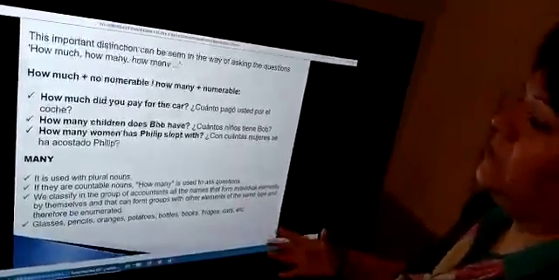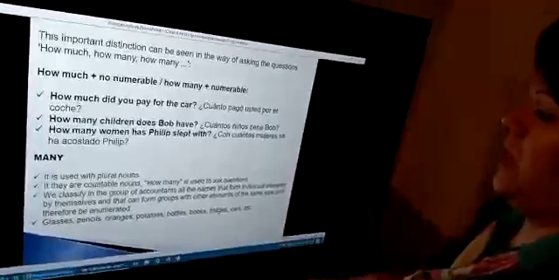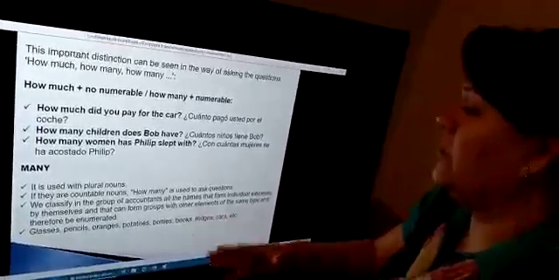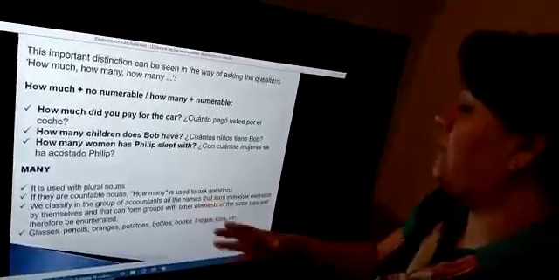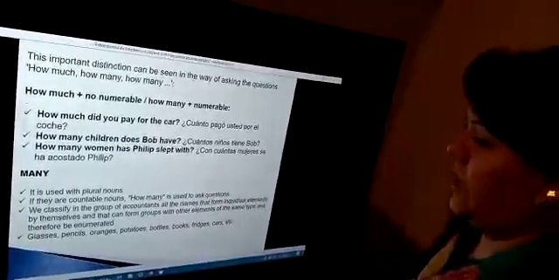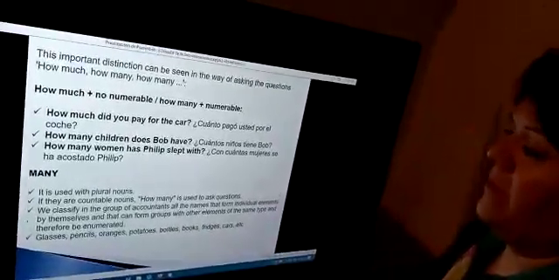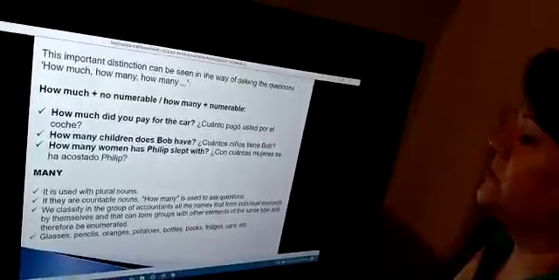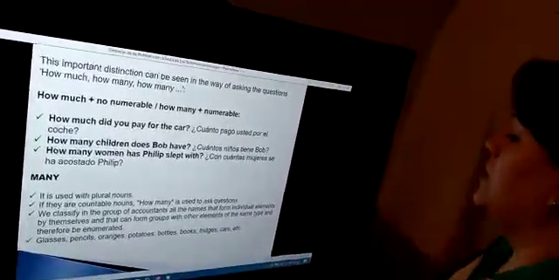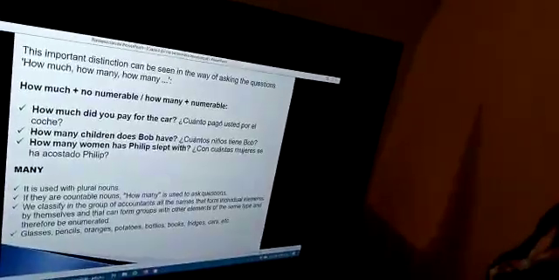This is many, which you use with plural and countable nouns, and you use how many to ask questions.